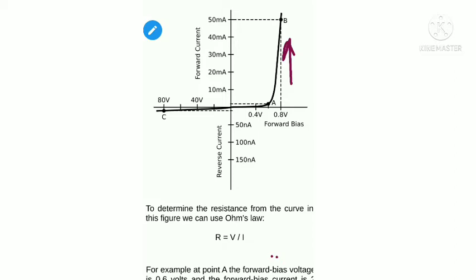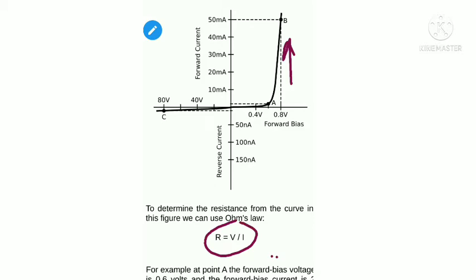So what is the first point to remember in the diode characteristics? Resistance decreases as the current increases, and I will show you how resistance decreases as the current increases according to Ohm's law.